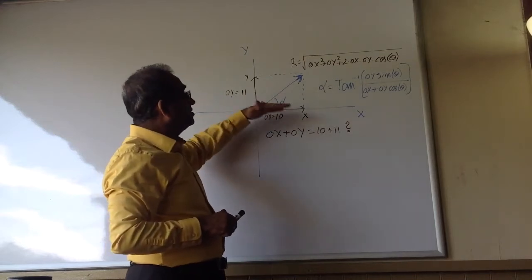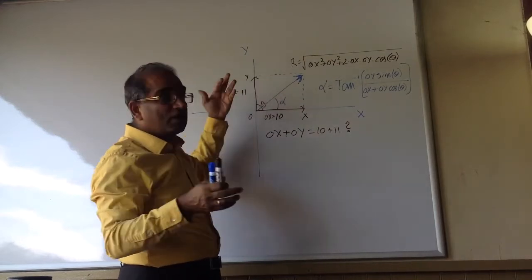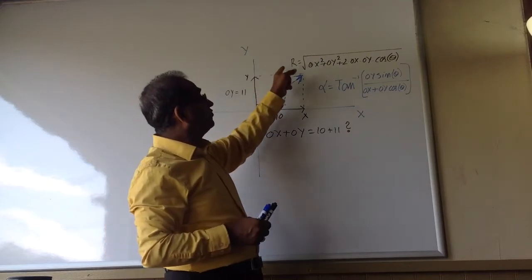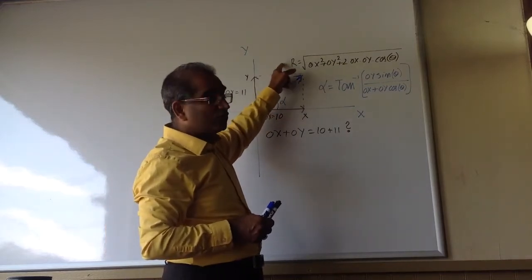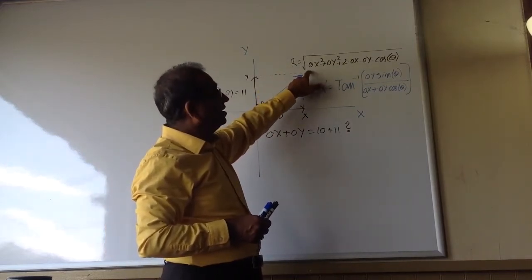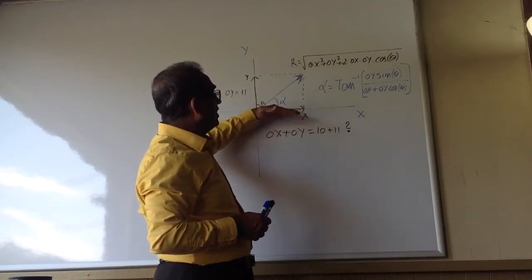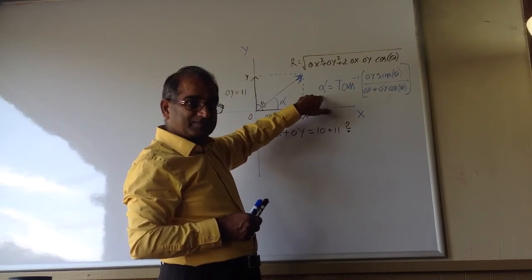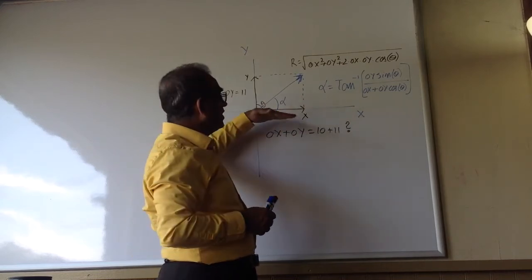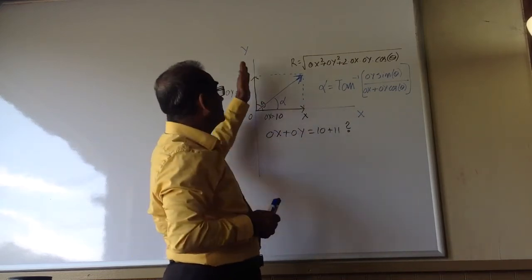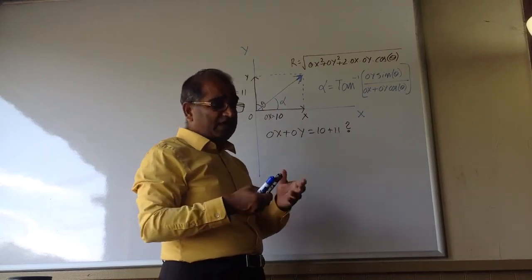So, when I want to add two vectors, I have to find the resultant, that is the sum of the two vectors, by this equation, and find what angle this vector makes with OX. Why should I find with respect to OX? Why not with respect to OY? Yes, I can find.